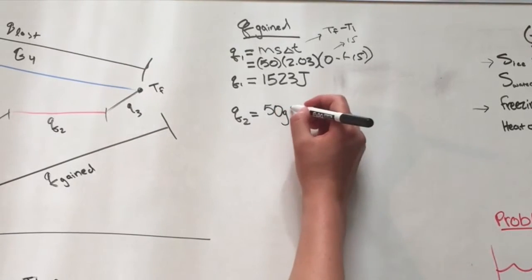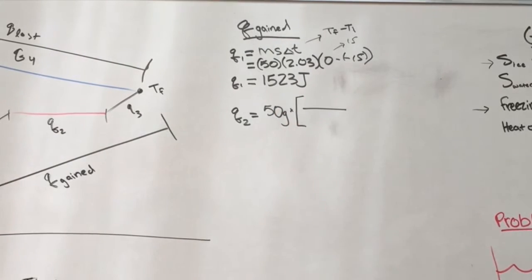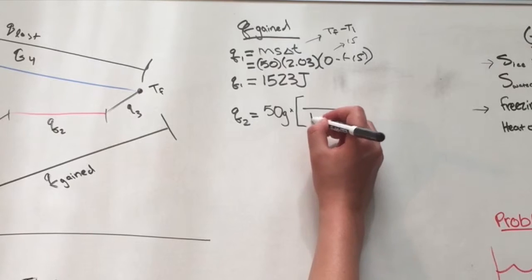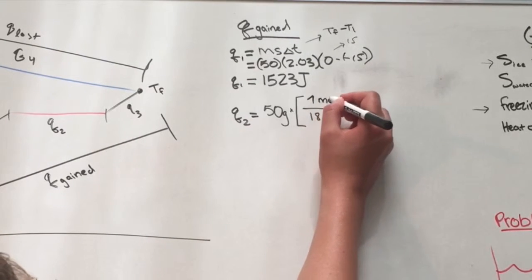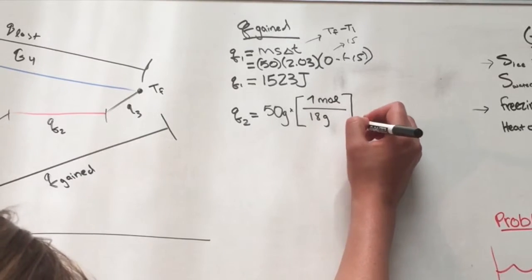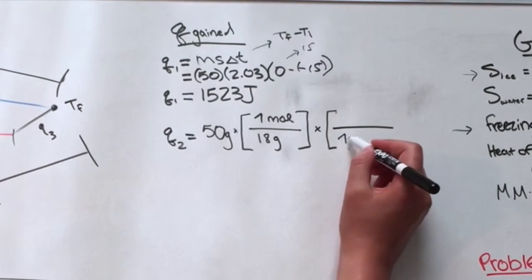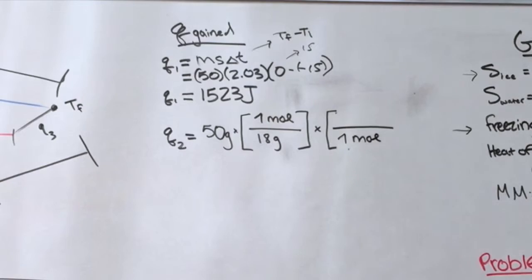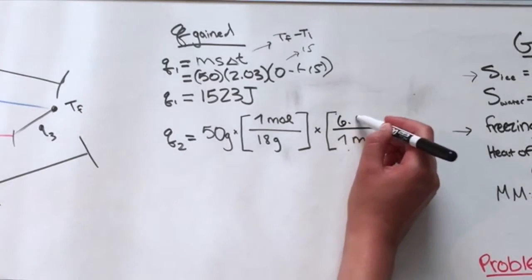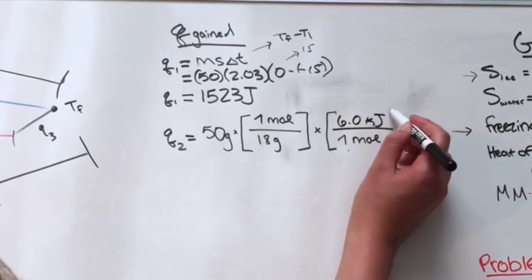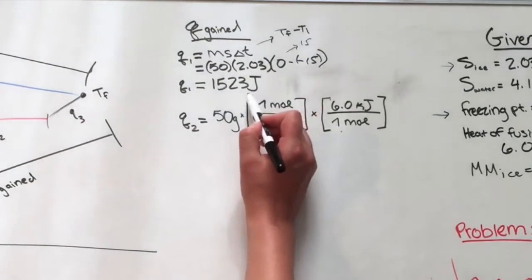So we're going to take that 50 grams and multiply that by the molar mass, which is 18 grams per mole. And then the next factor is going to have 1 mole in the denominator, so they cancel. And we're going to look at our data and see that 6 kilojoules are required to melt 1 mole.